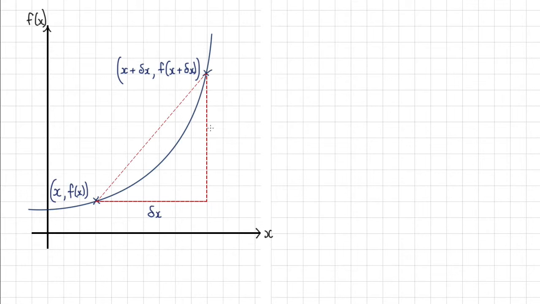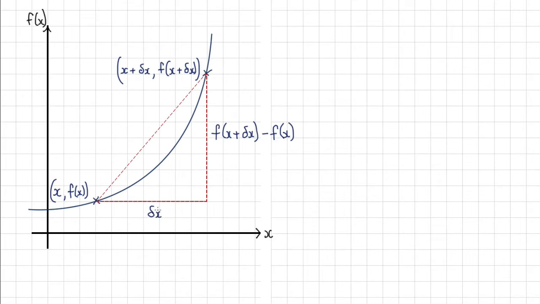Okay, now I've got the 2 points. I need to calculate the length of this line here. Well, that will be the difference in the y-ordinates, in other words, this subtracts this. So let's write that down. We've got f of x plus delta x minus f of x.